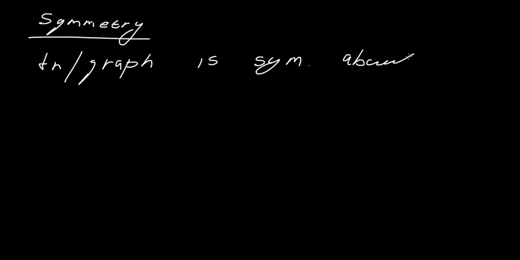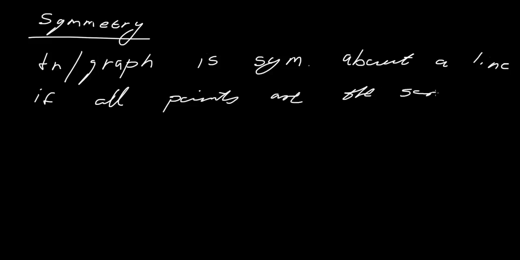Okay, so a function or a graph is symmetrical about a line if all points are the same distance from the line.